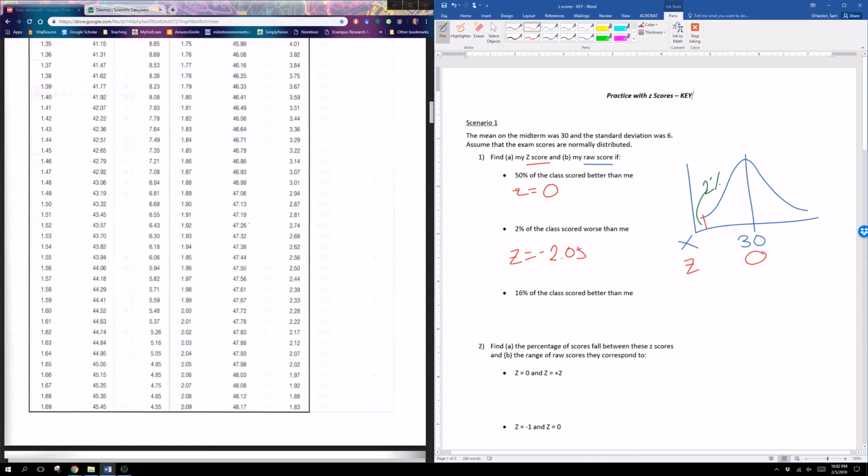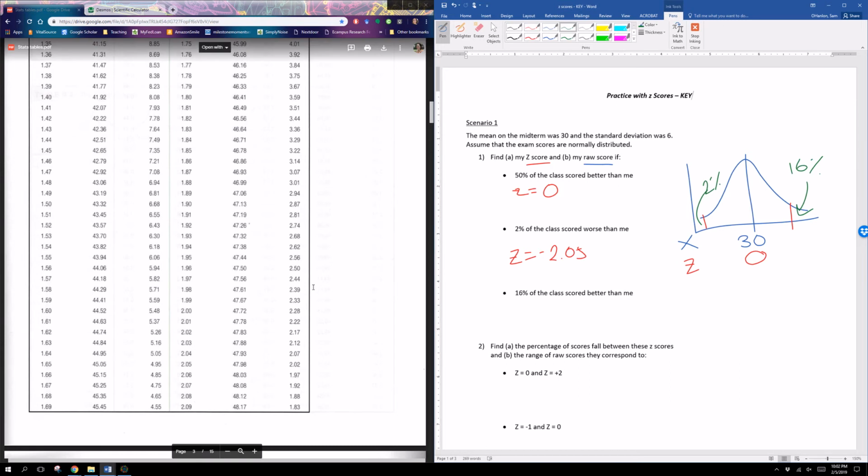Okay, and that's right here. Can't really see that. Oh well. Okay. Next, 16% of the class scored better than me. Okay. So we've got 16% in that tail. Okay.